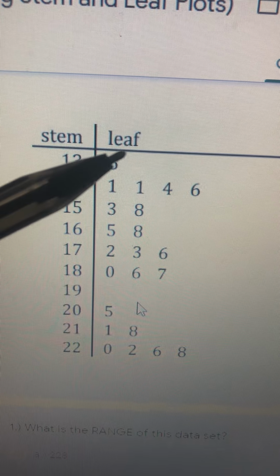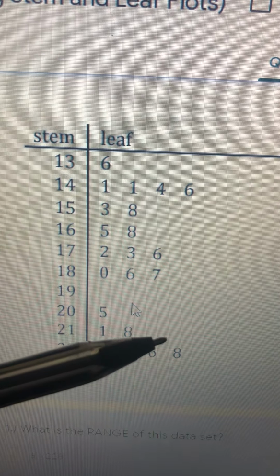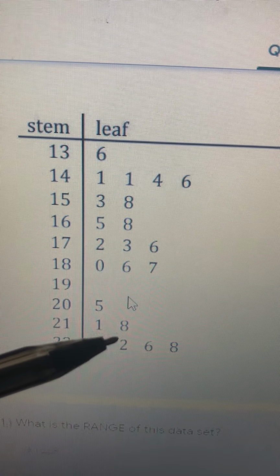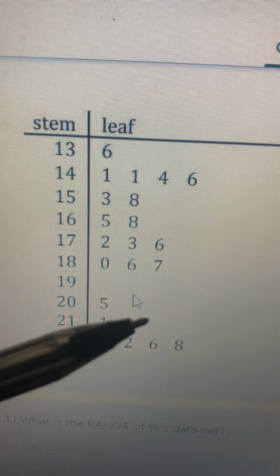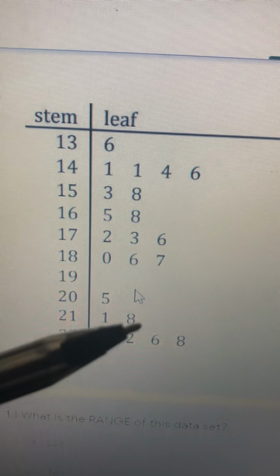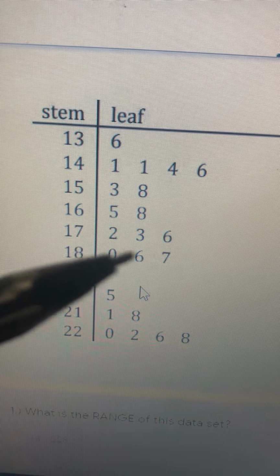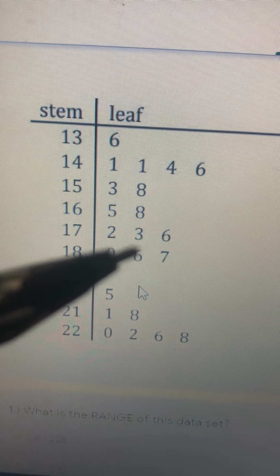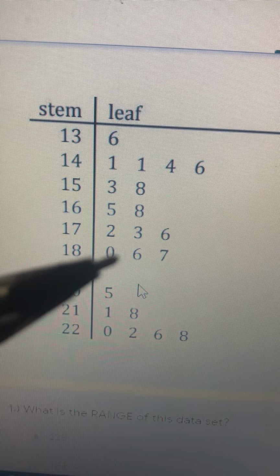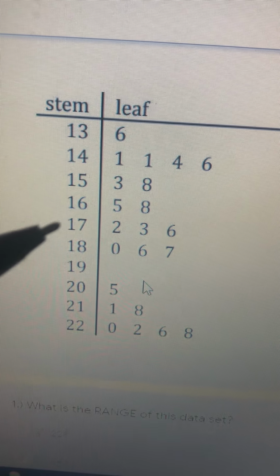And so what we would do is, if we're asked to find the median, you can check off from end to end. So we'll just cross out this 6, cross out that 8, cross out this 1, cross out the 6, cross out this 1, cross out the 2, cross out this 4, cross out the 0, cross out the 6, cross out this 8, cross out the 3, cross out this 1, cross out the 8 with the 8, cross out the 5 with the 5, cross out the 8 with the 7, cross out the 6 with the 6, cross out the 0 with the 3, and the one that is left is 172.